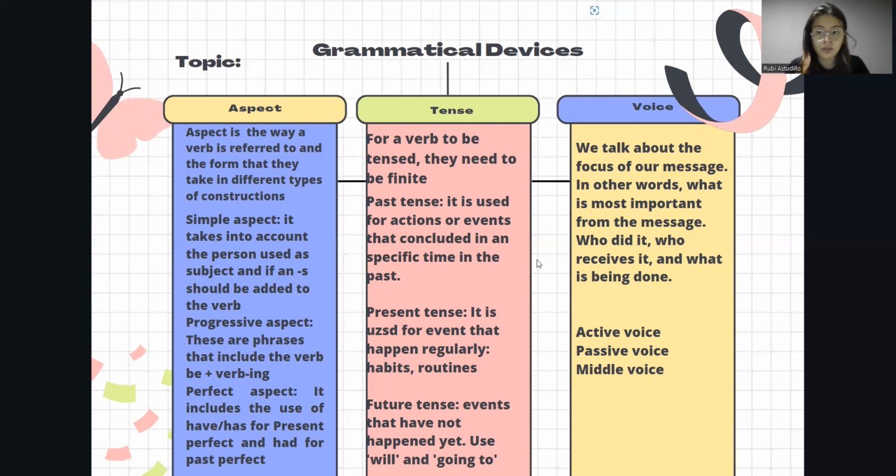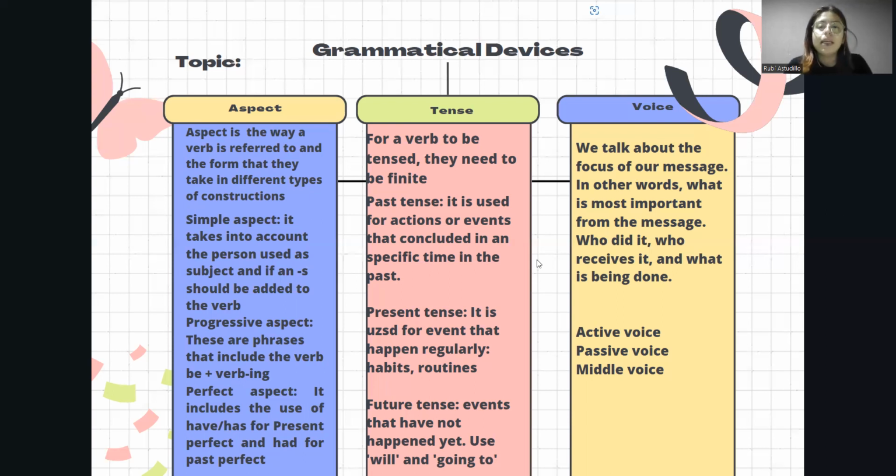So I am going to go to school tomorrow. Tomorrow is future, so I use going to. I will buy a new phone. That's something that's going to happen in the future. That's what we use will and going to for, to talk about things that have not happened yet.